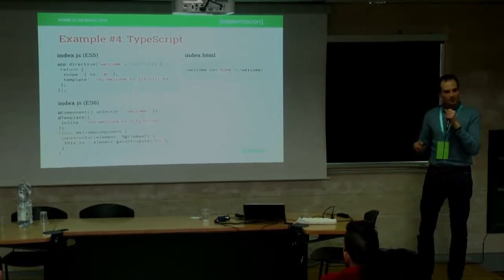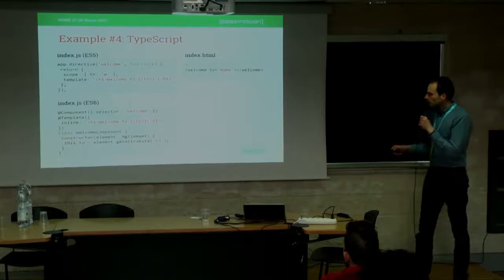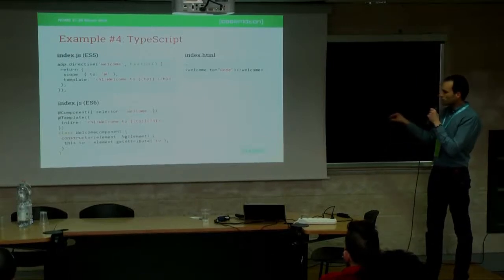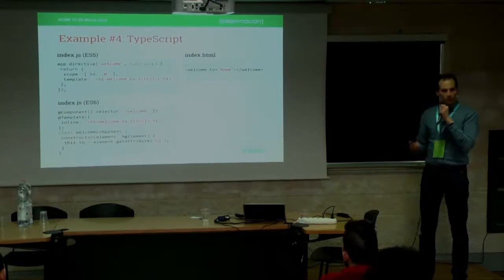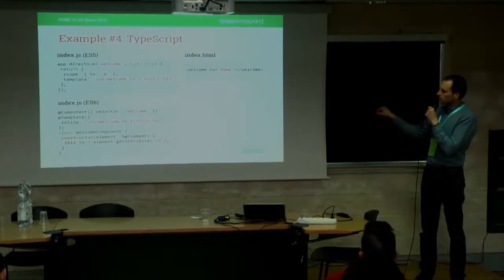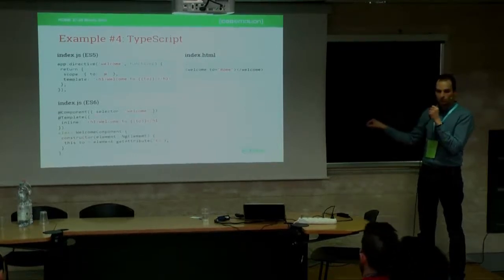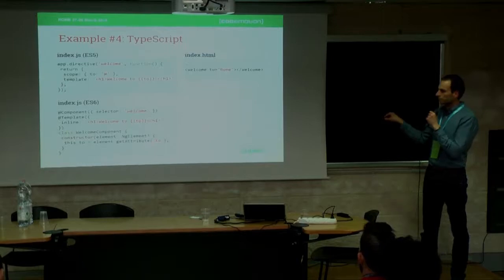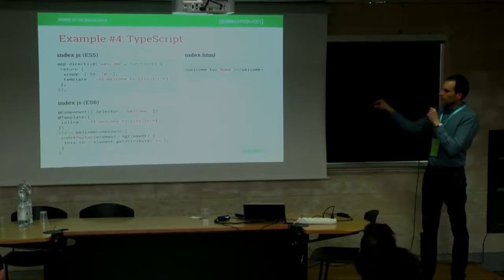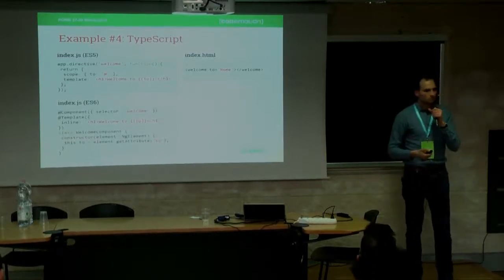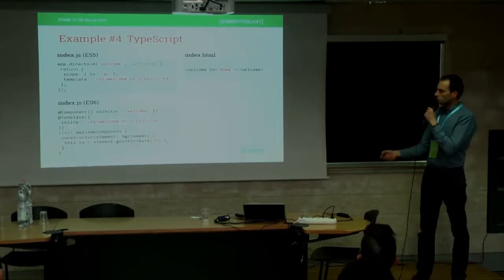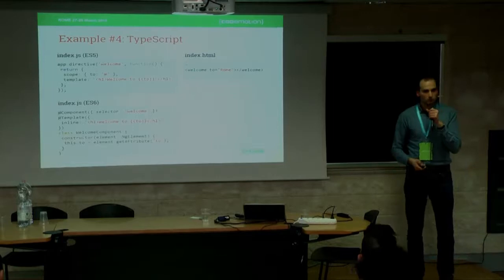These are basically these metadata annotations. And this component says basically that this class is going to be a component. And then we give it a selector. So basically, everywhere you meet the tag which has the name welcome, then apply this directive to it. And then we attach a template metadata. So say, OK, I use this template for my directive.